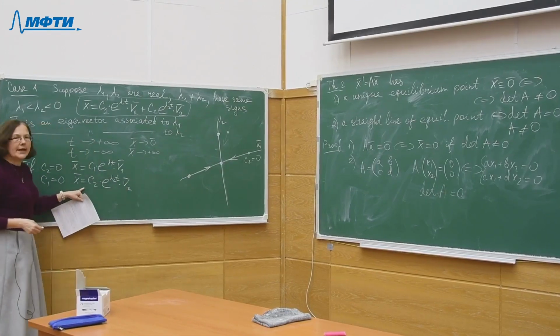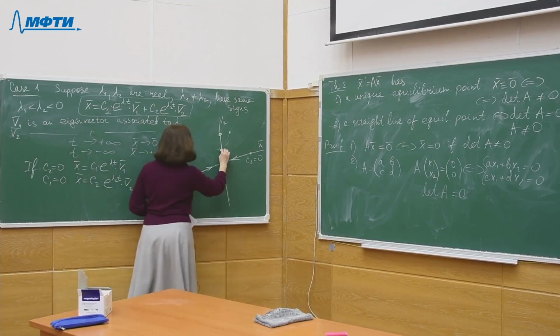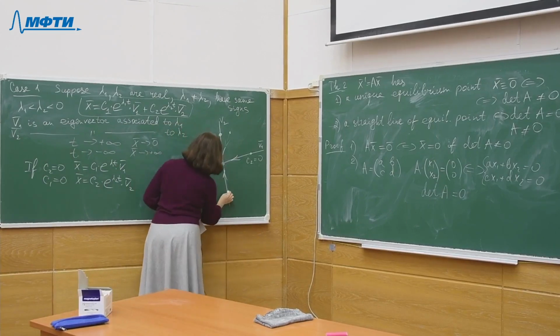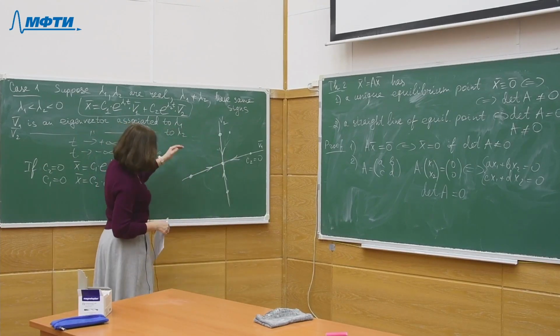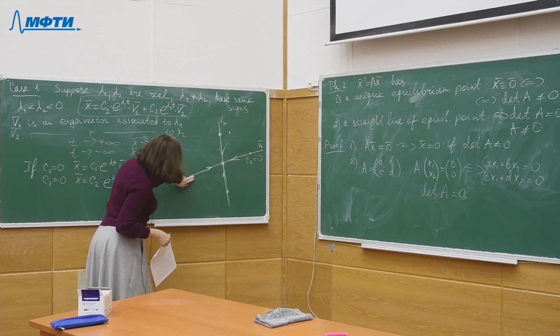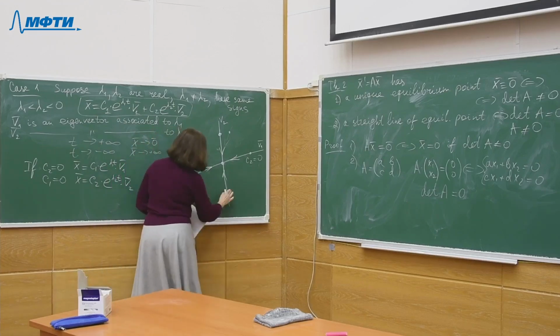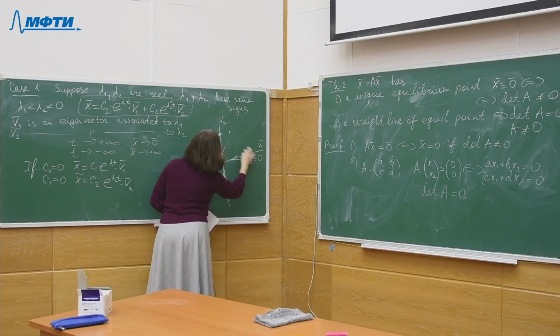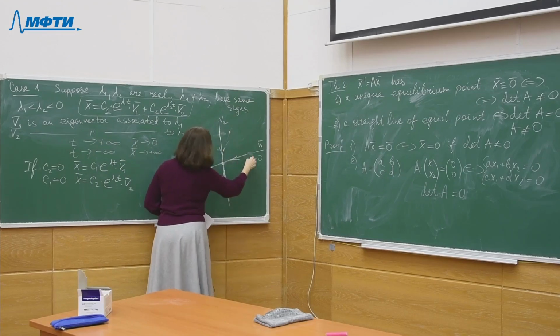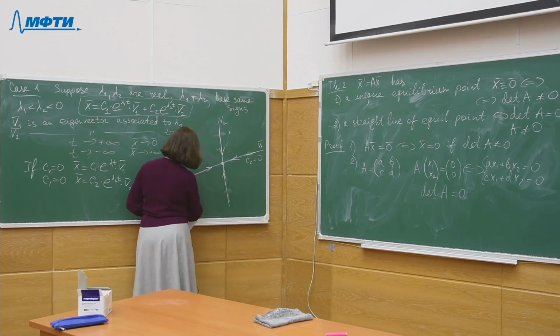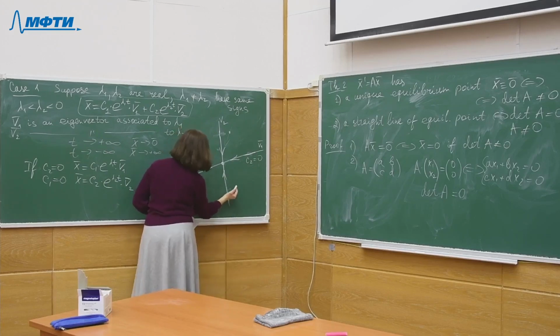We will remain on this line, so the motion will be toward the origin, staying on this line, right? So this is the motion on the lines through the vectors.